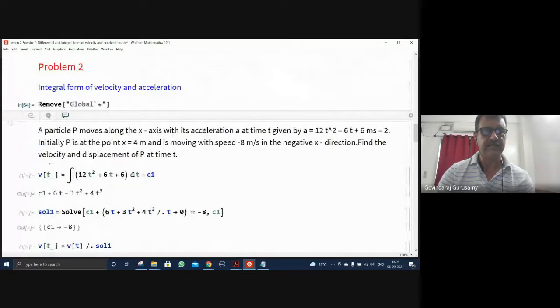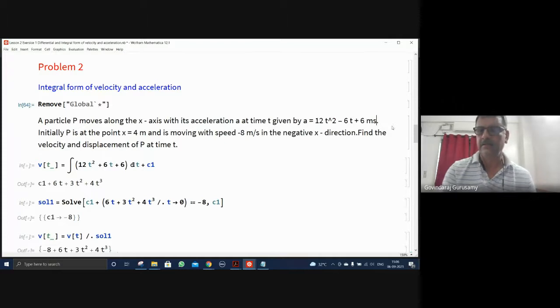The next problem is: a particle P moves along the x-axis with acceleration a at a time t given by this, which is your acceleration, in meter second minus 2.